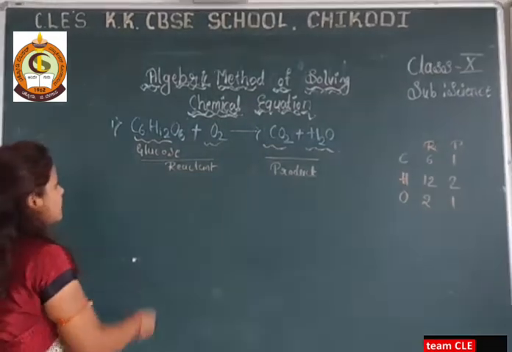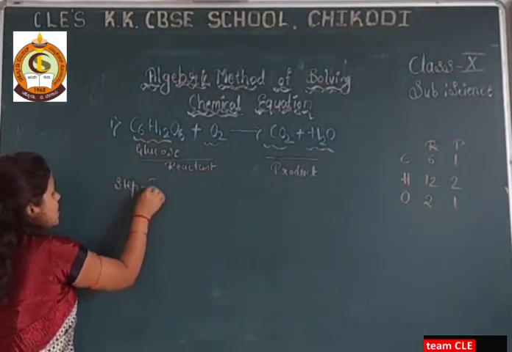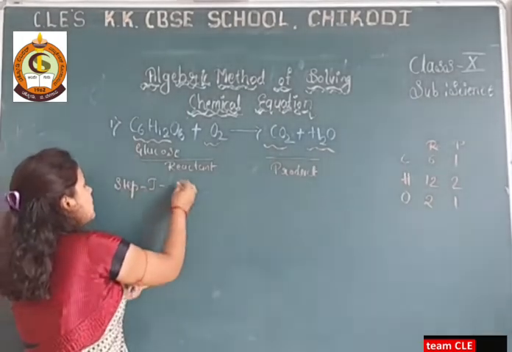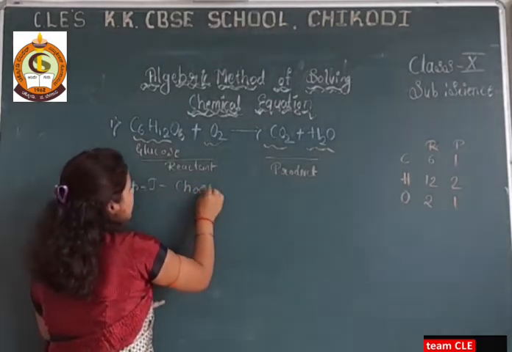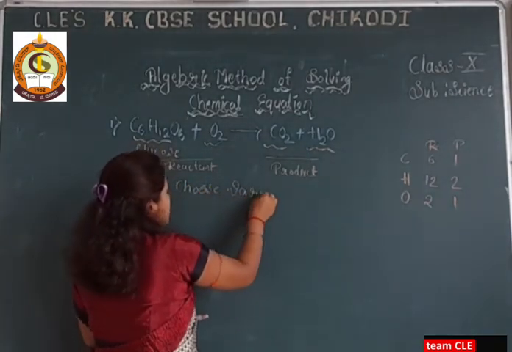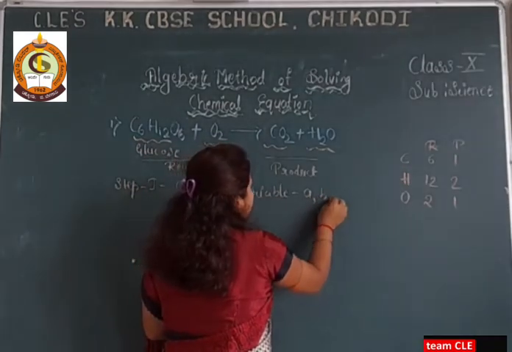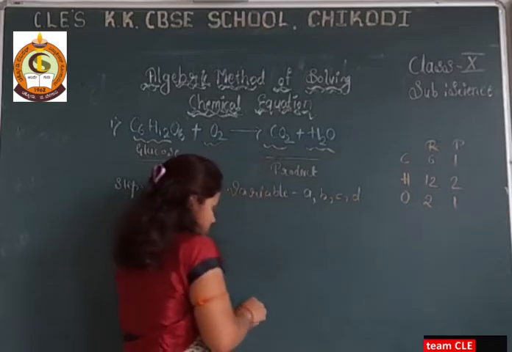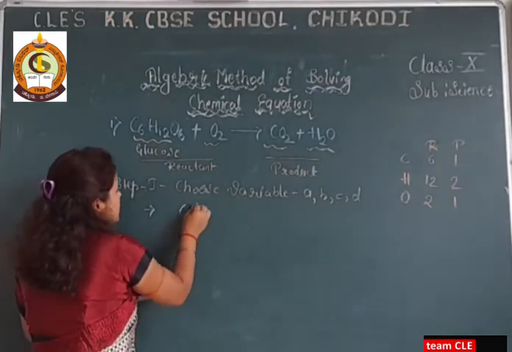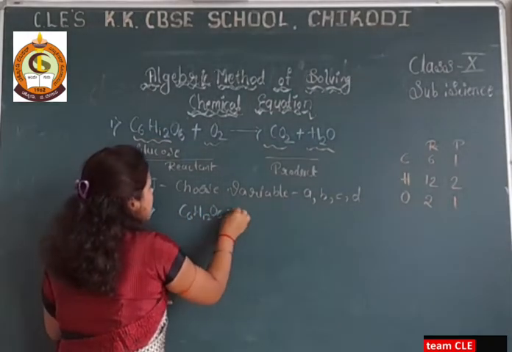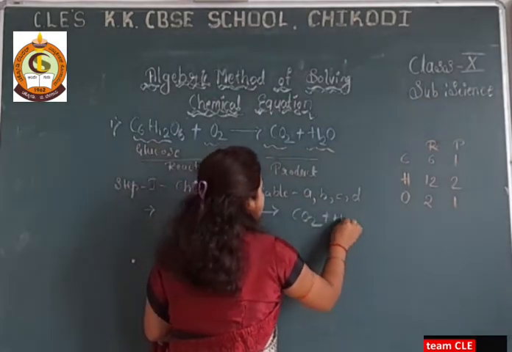In the first step we have to take the help of variables. Choose variables like A, B, C and D. Just see how to write it. Here is our equation: C6H12O6 plus O2 gives rise to CO2 plus H2O.